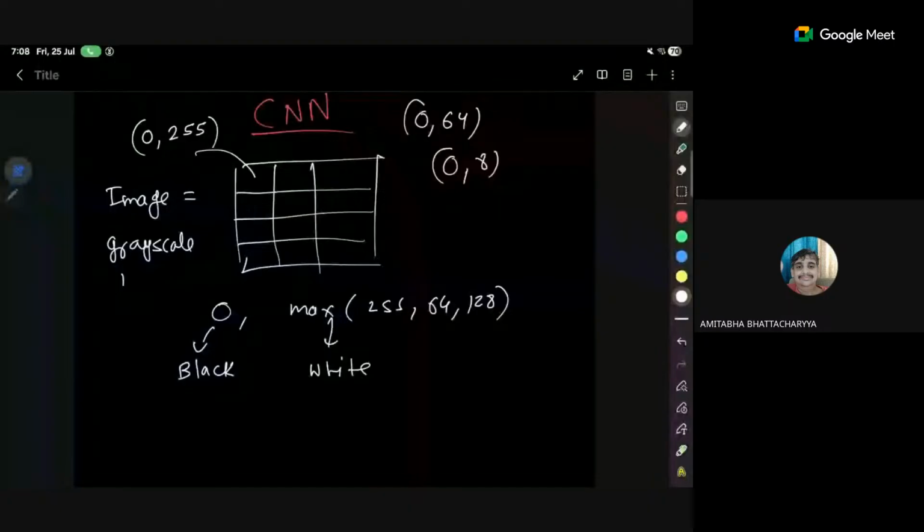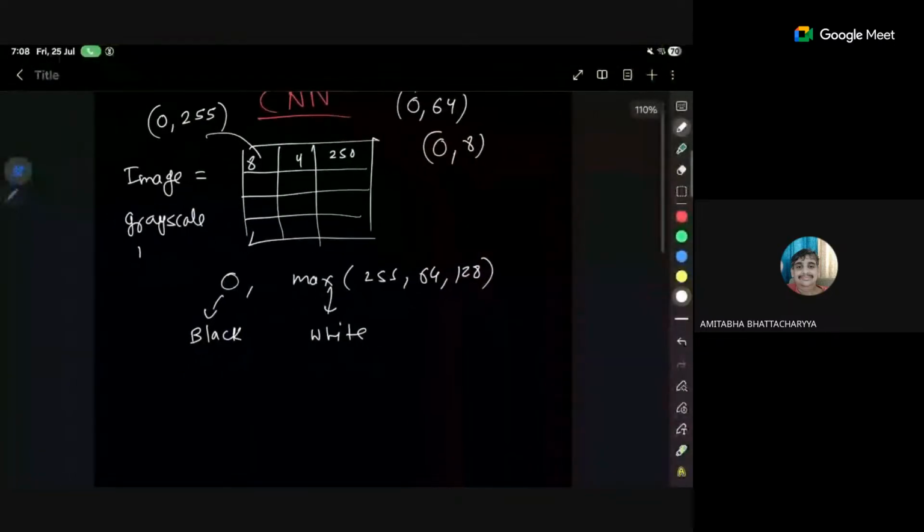In between, all the grays will be there. Some values will be there like 8, 4, 250. That's how an image is formed. So this is our image.